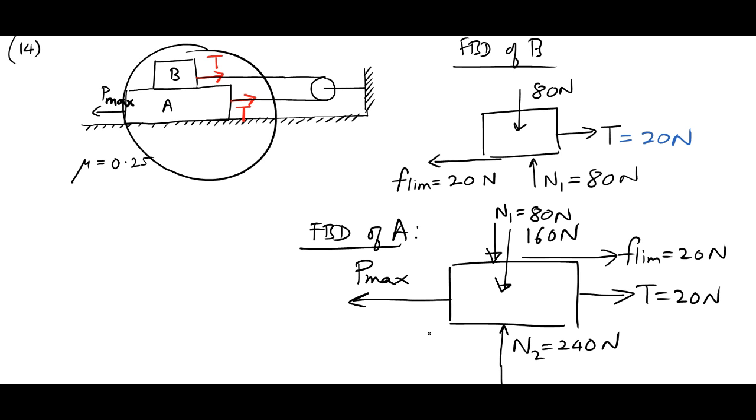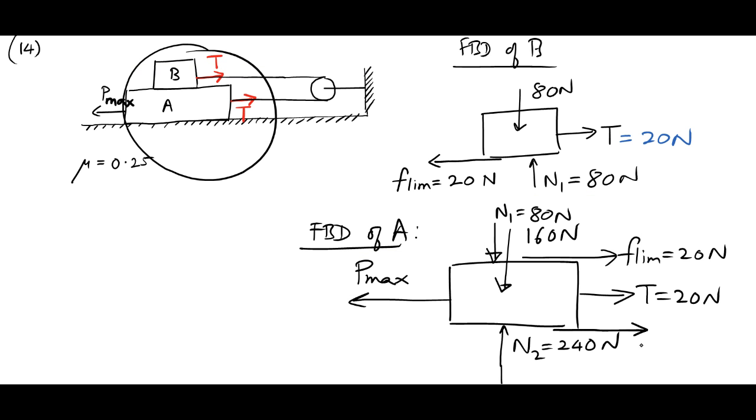So just place yourself in the reference frame of the ground, imagine you are in that reference frame. So with respect to the ground, the block A is on the verge of moving or sliding towards the left, and naturally the frictional force is limiting frictional force towards the right. So I'll just draw it over here.